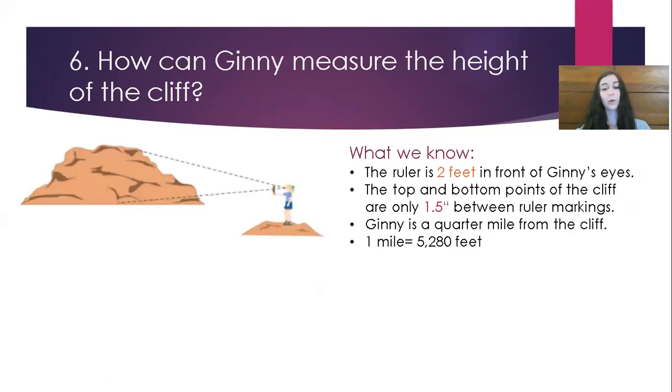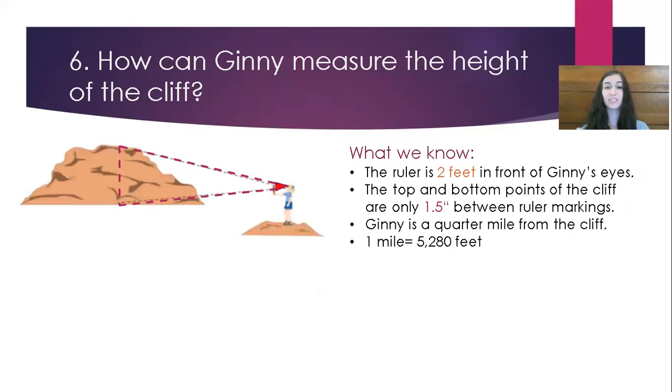So we're going to outline that triangle that she's looking at right here. I've outlined it, and there's also another triangle that we've got to take into consideration, and it's this one right here. It's the triangle from Jenny's eye to 2 feet in front of her.